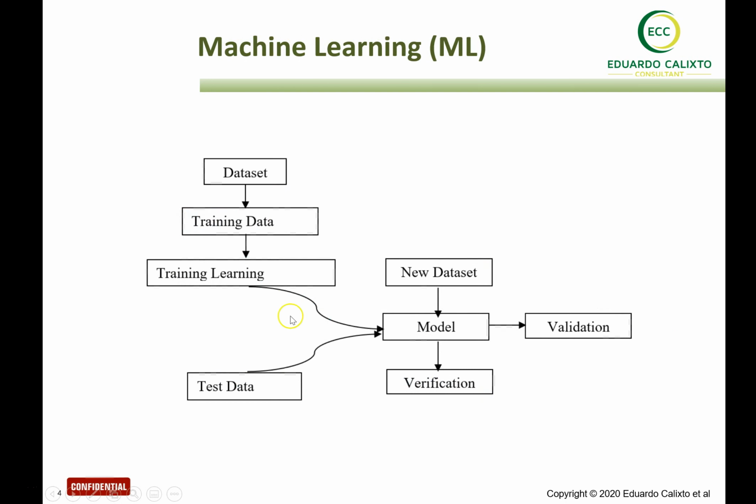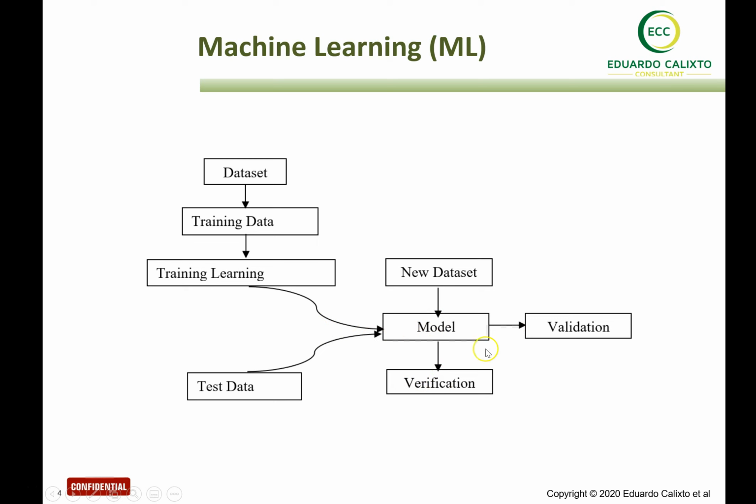So as we already defined, the machine learning concept splits the data sets into training and test data. We use the training data set, which usually is 70 or 80% of the total data, to adjust the model. Based on the result, we apply the test data to this model.